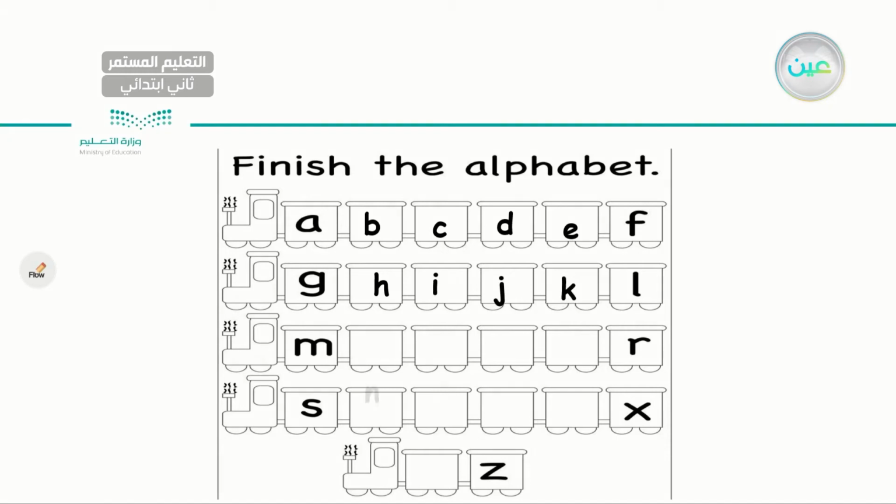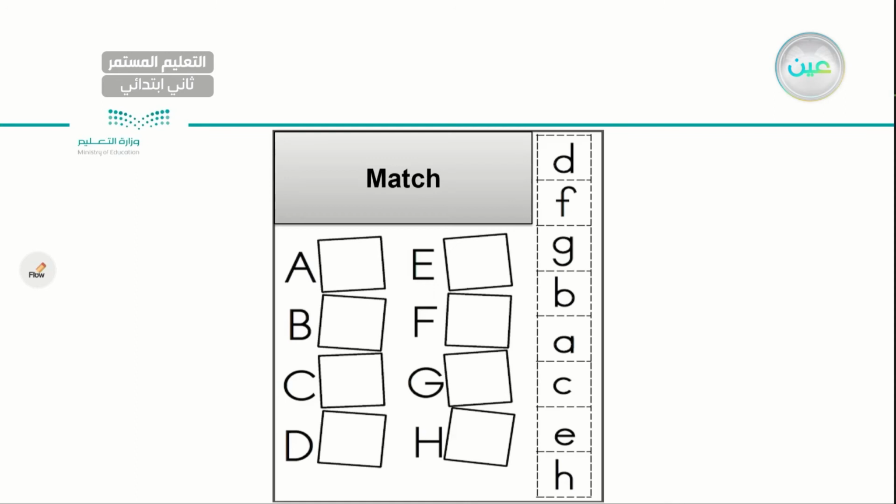L, M, N. Very good. Next, O. Next, P, Q. Very good. Next, R, S, T, U. Very good. Next, V. Now we will introduce our 4 letters, W, X, Y, and Z. Now we managed to write all the small alphabets in our English language letters.